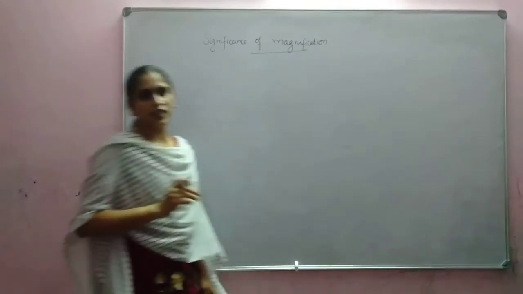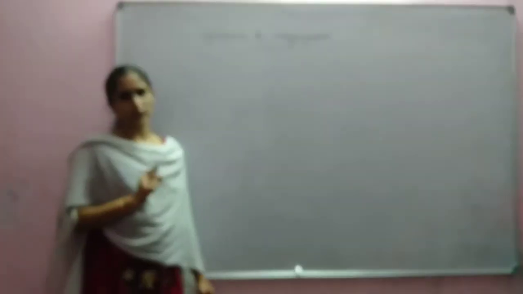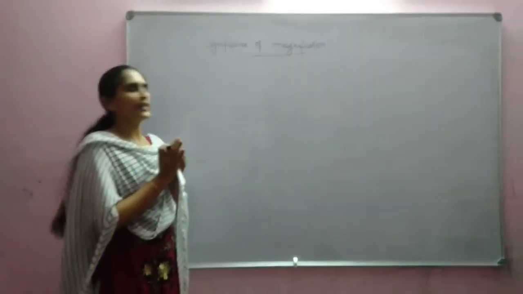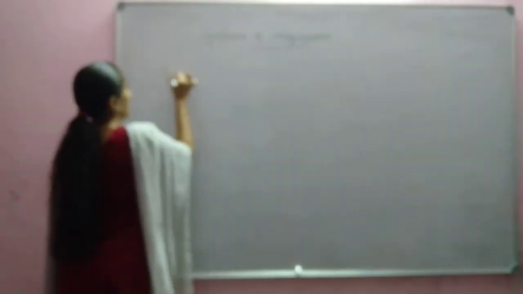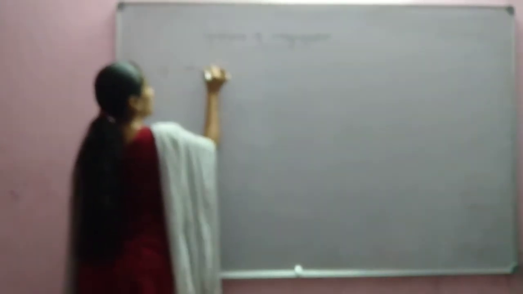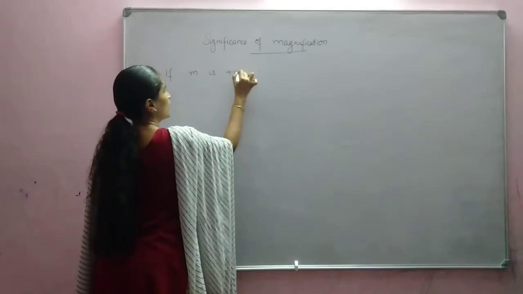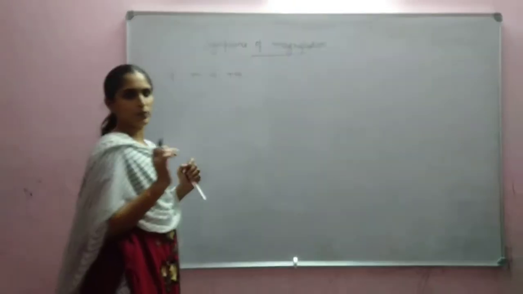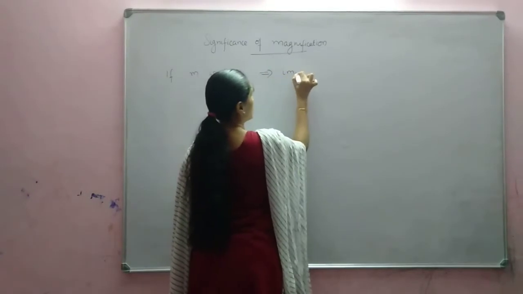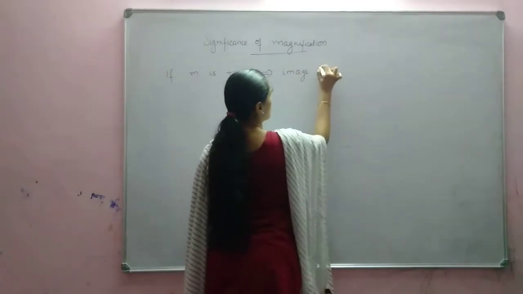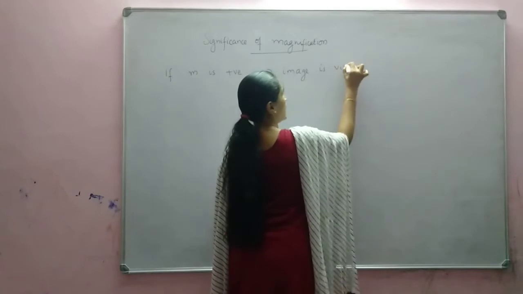Importance of magnification: if the value of m is positive, we can say that the image is virtual and erect.